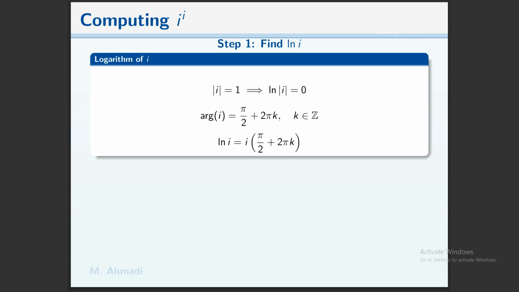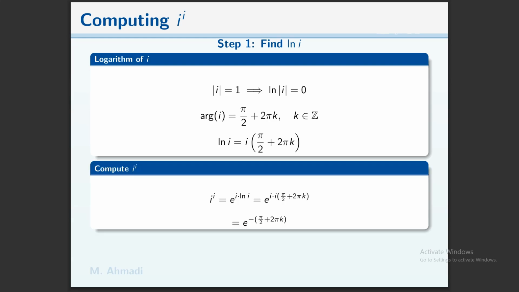So ln i equals i multiplied by pi over 2 plus 2 pi k. So i to the i equals e to the i multiplied by ln i, equals e to the i multiplied by i multiplied by pi over 2 plus 2 pi k, equals e to the minus pi over 2 plus 2 pi k.